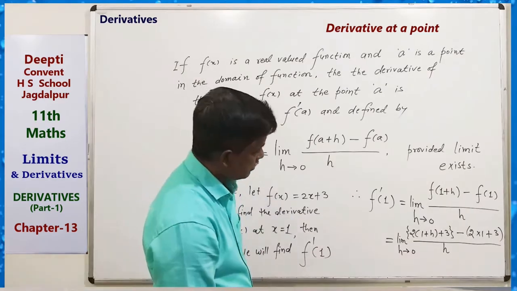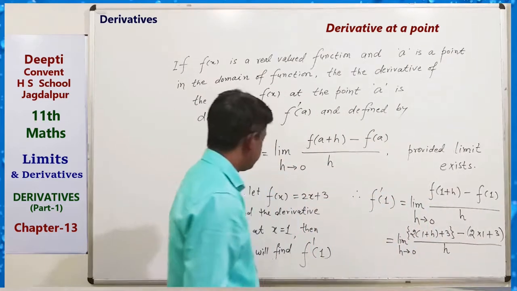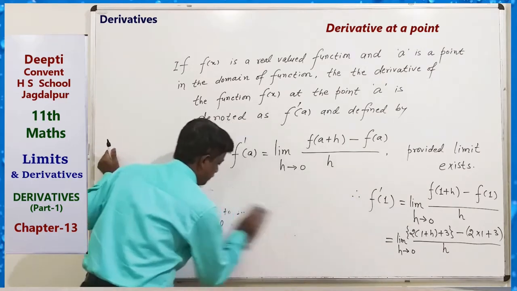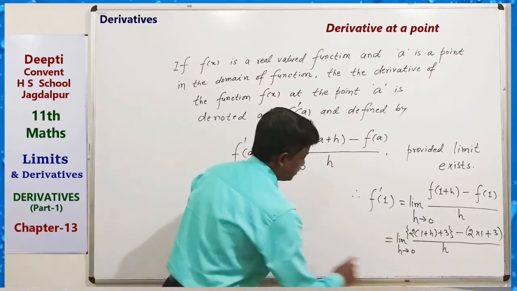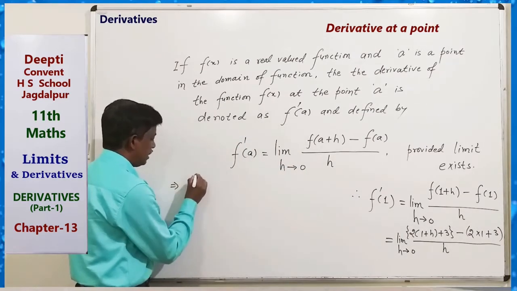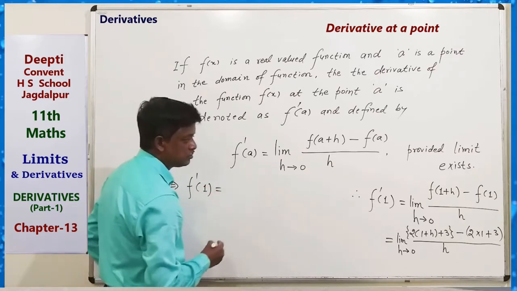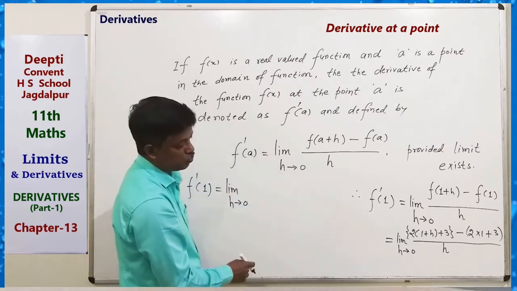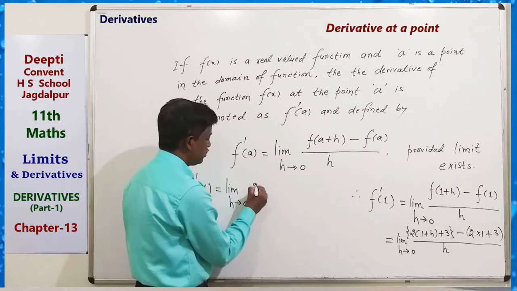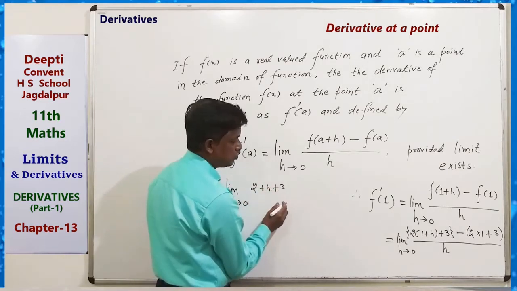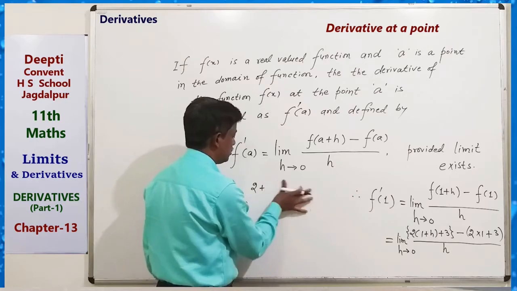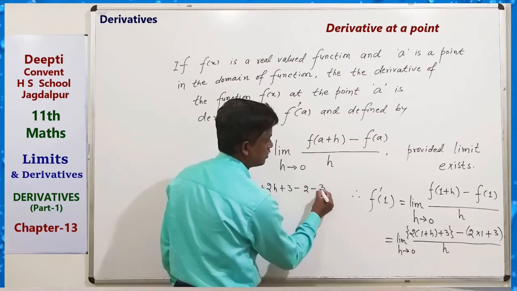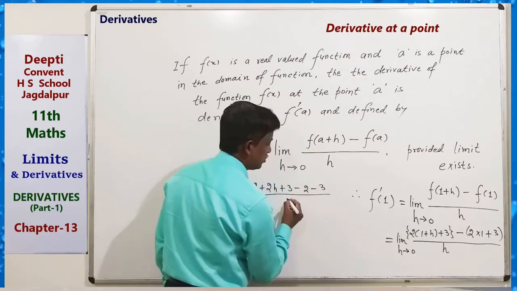So f dash 1 equals limit h tending to 0, 2 plus 2h plus 3 minus 2 minus 3 upon h.